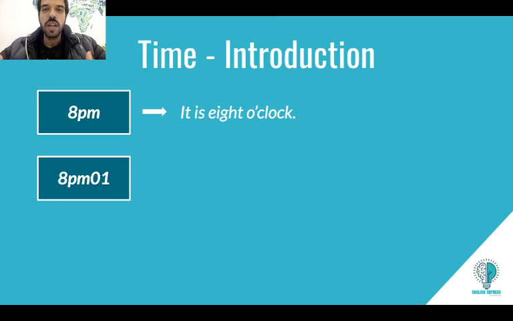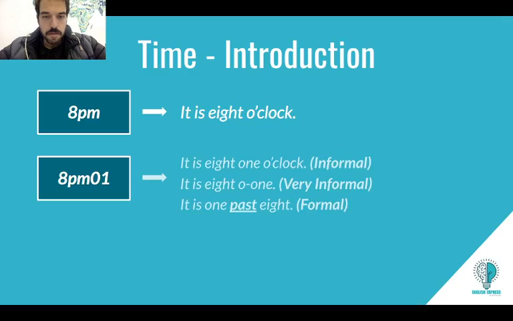So it's 9 o'clock, it's 10 o'clock, it's 11 o'clock, it's 1 o'clock, and so on. Okay? Amazing. Let's check our second example. Our second example can be written in three ways.